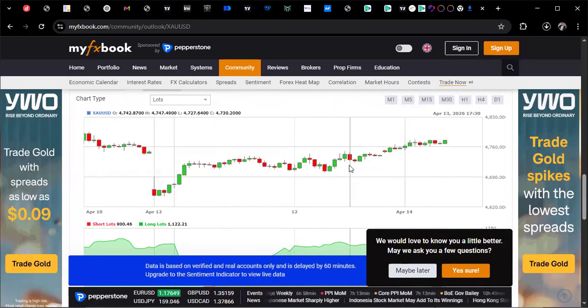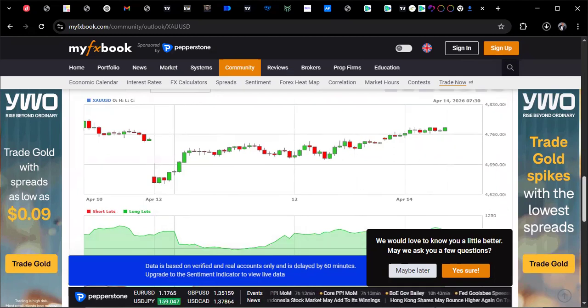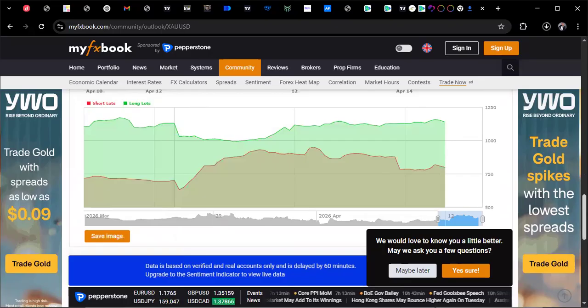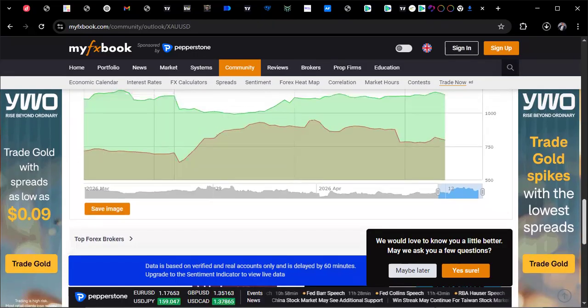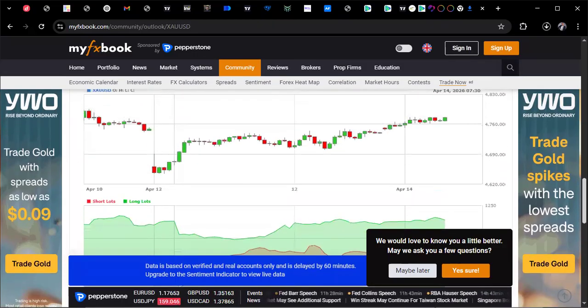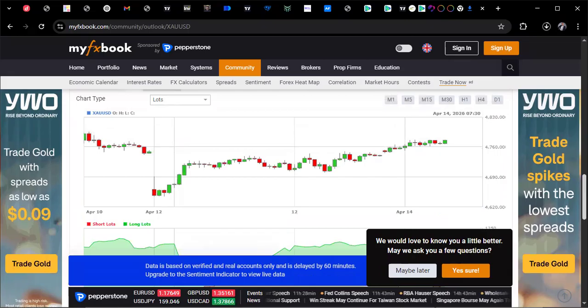You can see the market kept on pumping, pumping, pumping. These are active buyers in the market. So these things give you an idea. Aside from your technical analysis, these are what move the market. And aside from liquidity and institutional positions, the involvement of traders in the market actually moves the market.